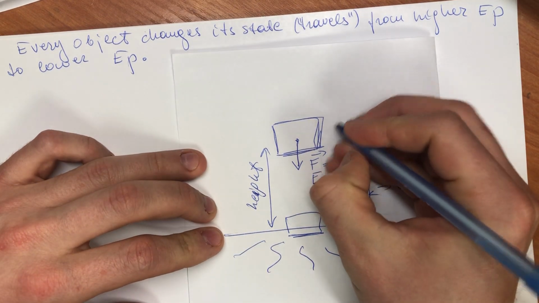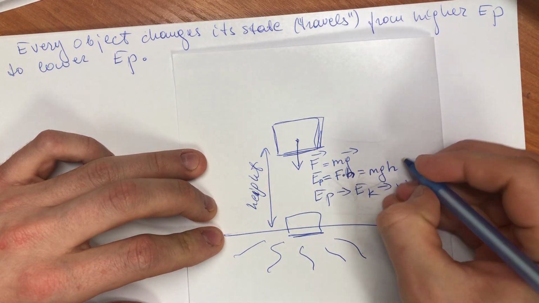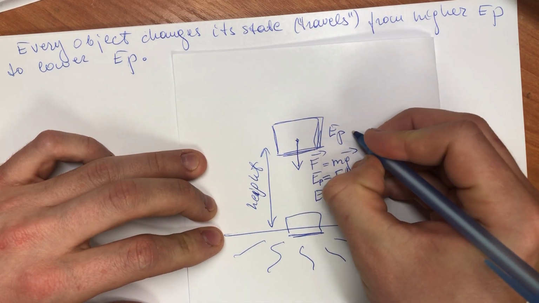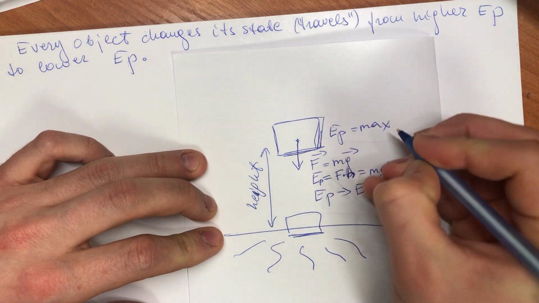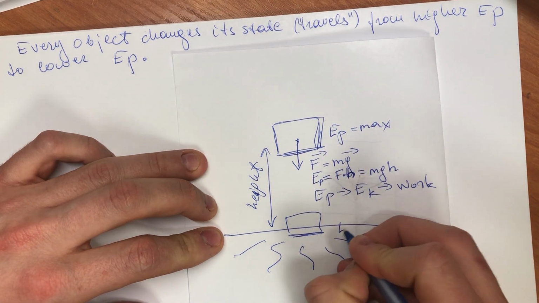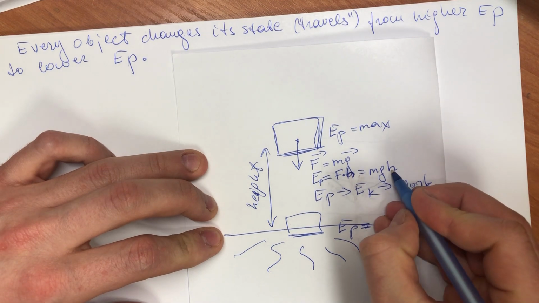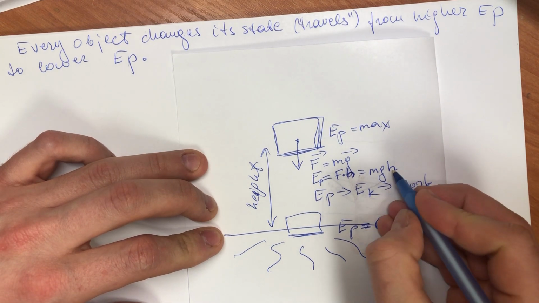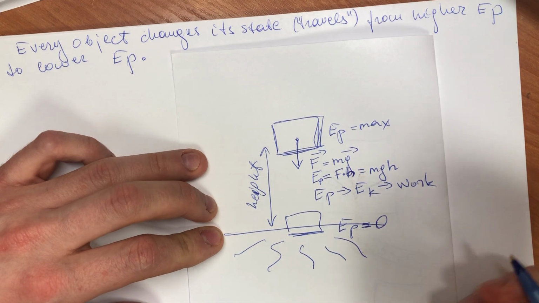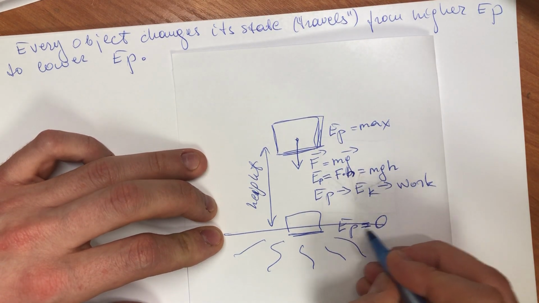In this state, potential energy is max because it's maximum height. In this state, potential energy is 0 because height is 0, and 0 multiplied by mg gives 0.